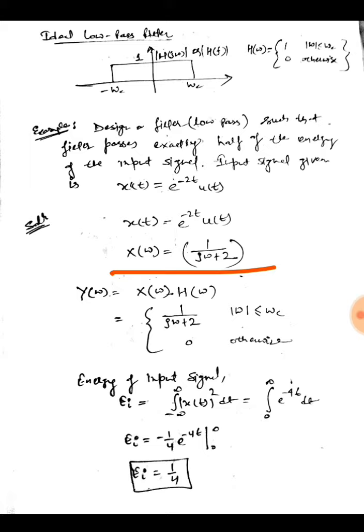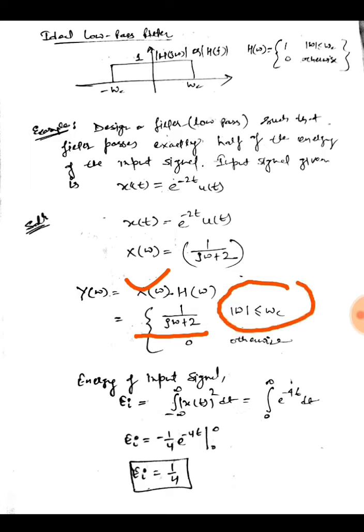We all know that output would be the input times the transfer function, both in frequency domain. So output would be 1 upon j omega plus 2, that is X(omega), as the filter is working in the range of minus omega c to omega c. For this frequency range, the output would be 1 upon j omega plus 2, otherwise it will be 0.